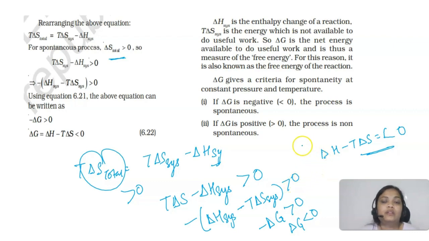Okay, so if delta G is negative, then the process is spontaneous, and if delta G is positive, the process is non-spontaneous. Okay, so this was the last topic, Gibbs energy change.